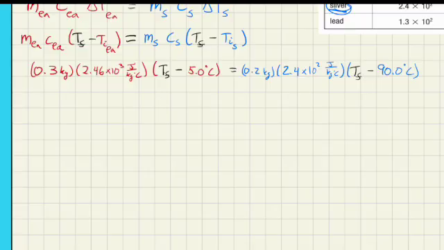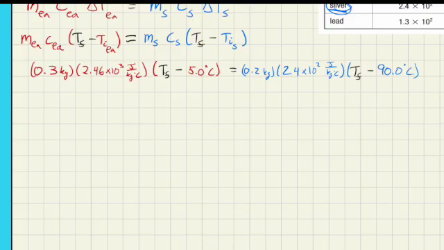So, why don't we go ahead and plug all of those numbers in. The first thing I'm going to do is multiply that 0.3 by 2.46 times 10 to the 3. And the number that I got was 738. And the kilograms are going to cancel out.